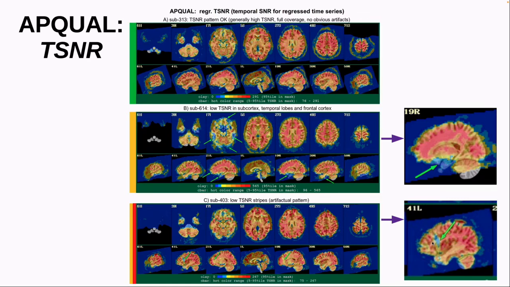Okay, so let's go on to another interesting example. In this subject, subject 403, we saw that this kind of thing happened. We'd get these stripes. This kind of stripe made us a little suspicious, and we ended up going into the AFNI GUI to explore that more. We found high correlations that were not explainable around these areas.